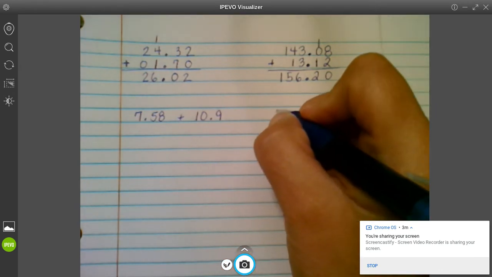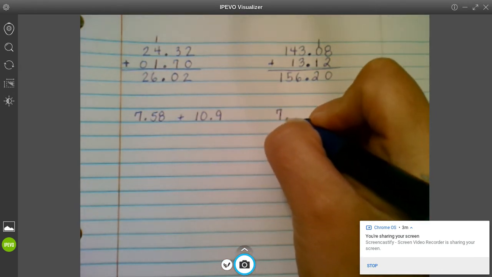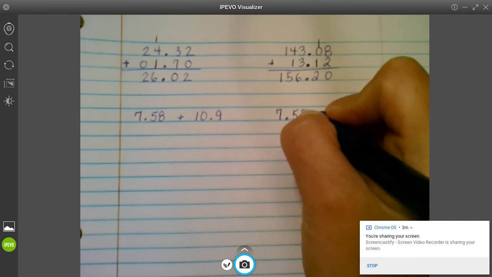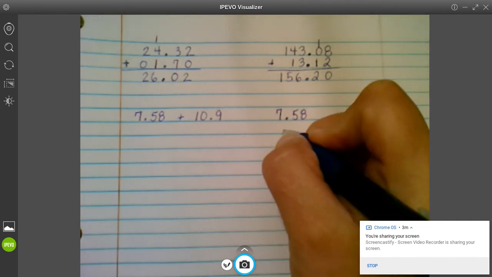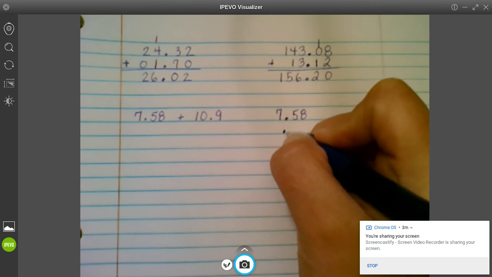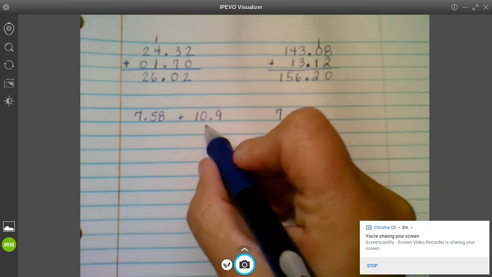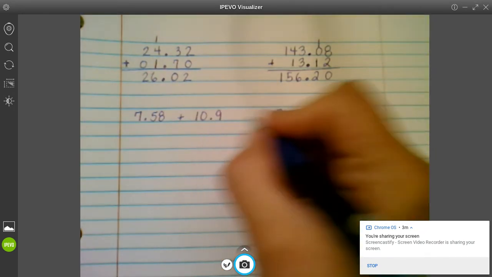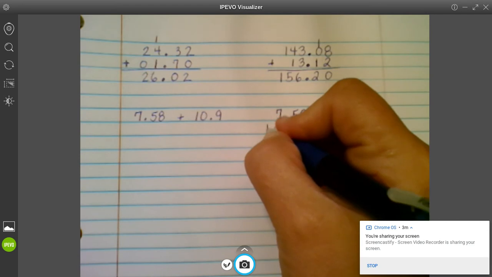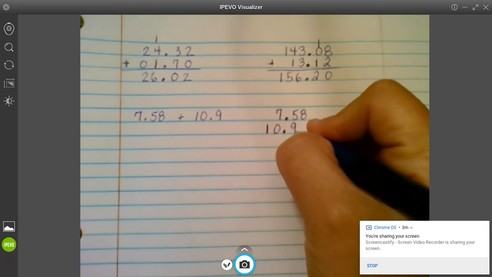So when I write this problem, 7 and 58 hundredths, I'm going to go ahead and put a decimal point down here below it because I know my decimals have to be lined up. And then I can fill this number in around it. So I have a 0 and I have a 1. And I have a 9.